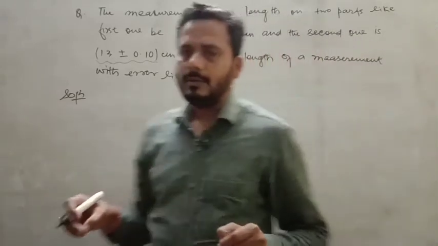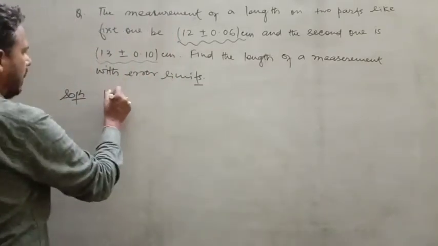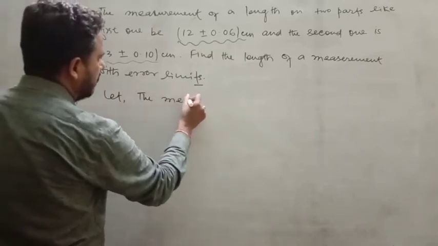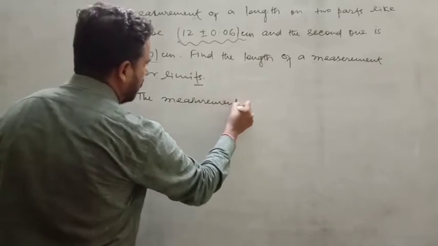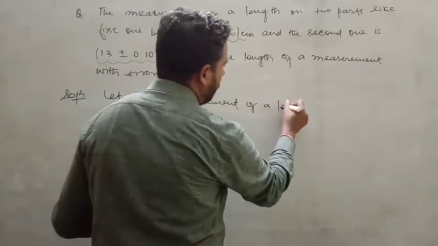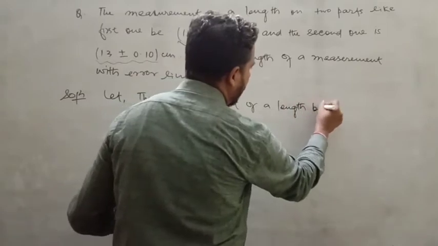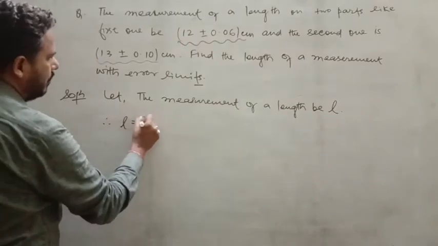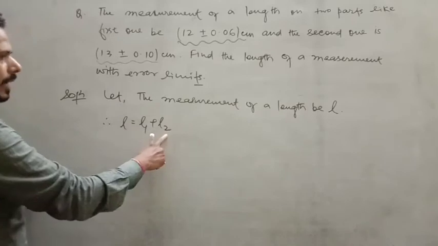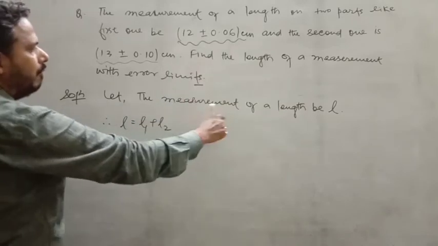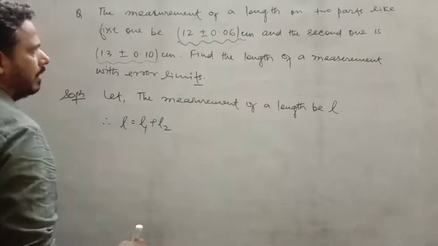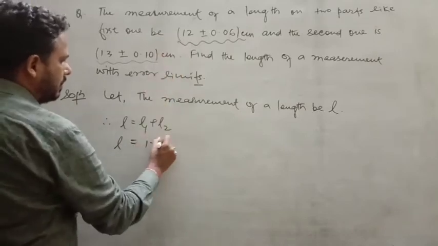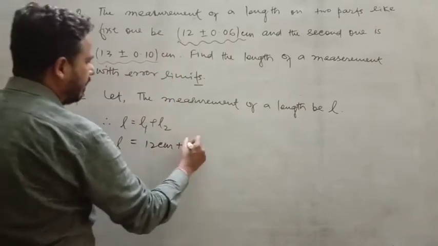Let the measurement of a length be L. Therefore L is equal to L1 plus L2, where L1 and L2 are the two parts of the measurement L. So L1 is 12 centimeter and the second one is 13 centimeter.